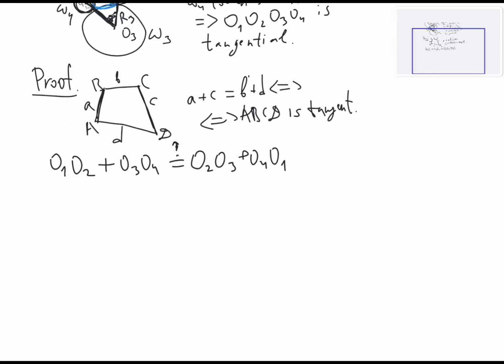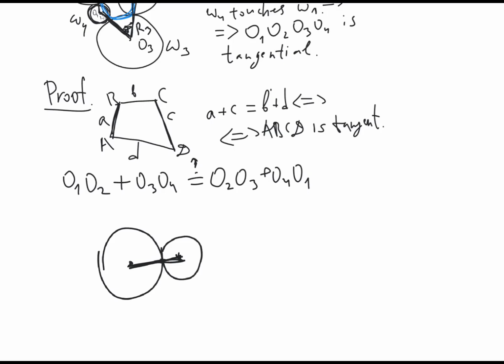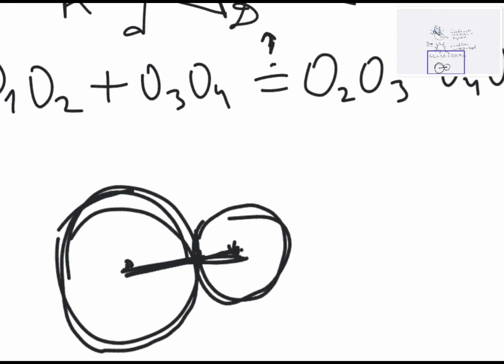We notice that if we have two circles that touch each other, then the distance between their centers is equal to the sum of their radii, because the segment connecting their centers passes through the tangent point.